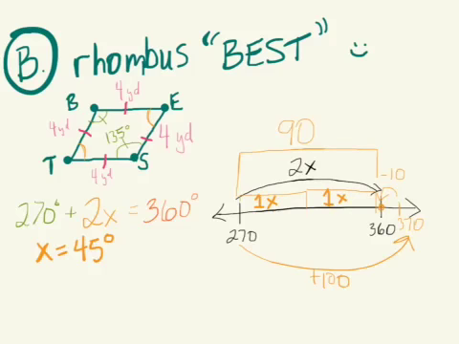So that missing angle measurement here and here is 45 degrees, because 45 plus 45 is 90, and 135 plus 135 is the 270, and 270 plus 90 will get us to 360, that magic quadrilateral angle measurement number.